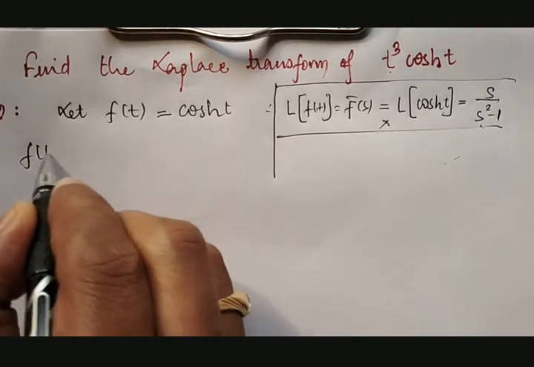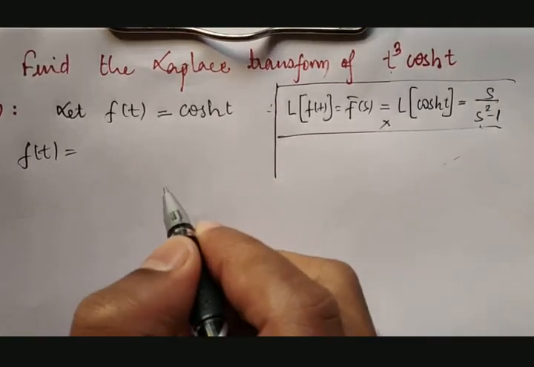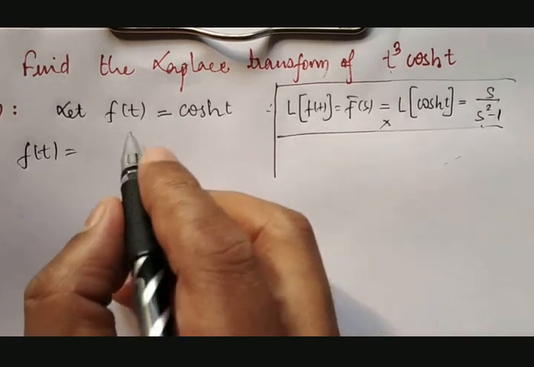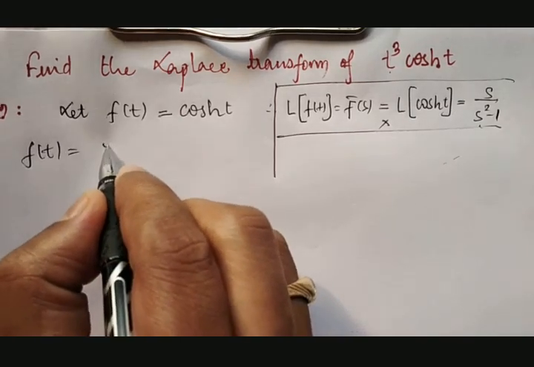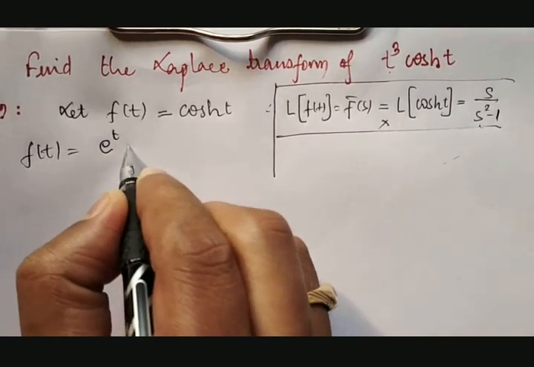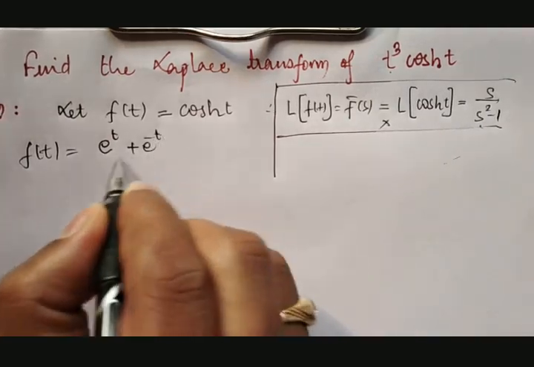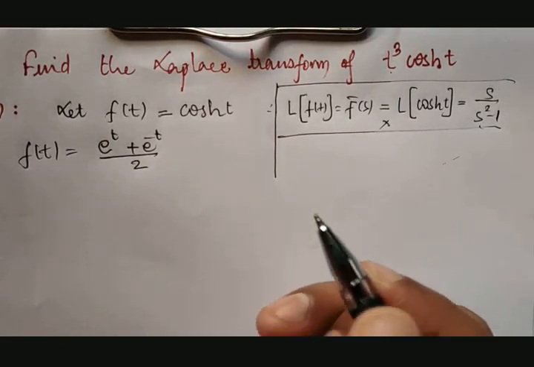So f of t is equal to cos hyperbolic t, which can be taken as e raised to t plus e raised to minus t, divided by 2.